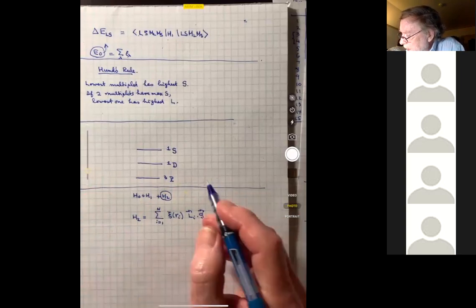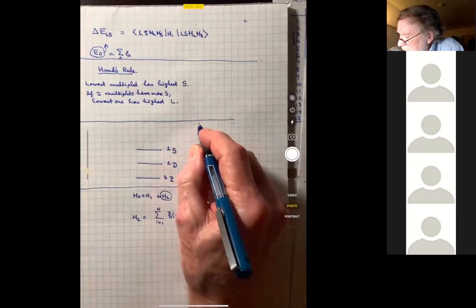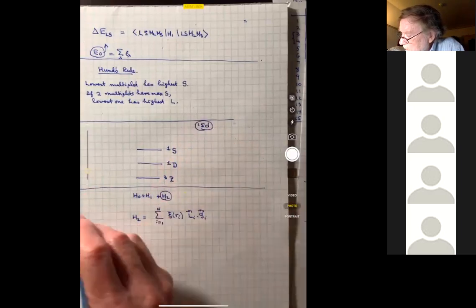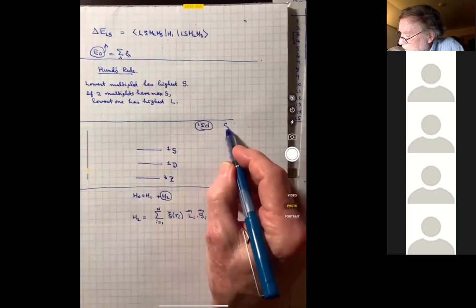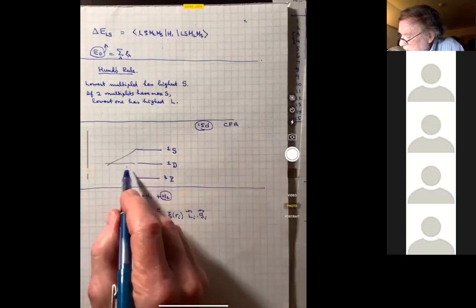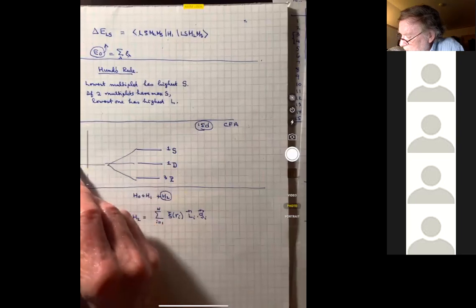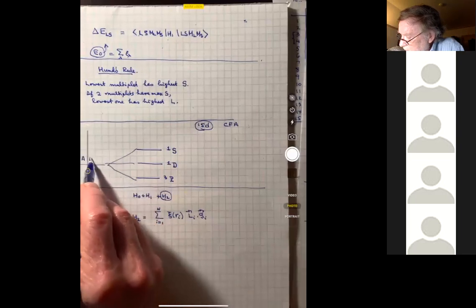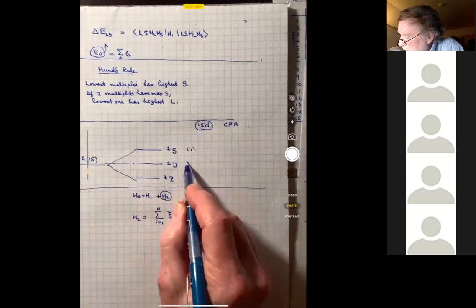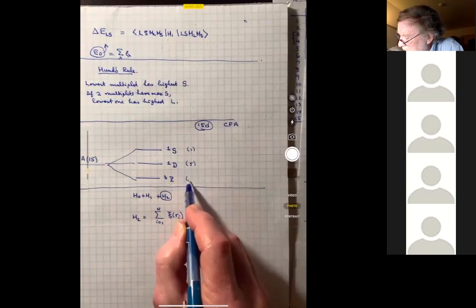By the way, in the case of carbon, what we see is that the 15-dimensional ground eigenspace of the central field approximation is split. We can think of it as splitting from the central field approximation with 15 states here, into 1 state there, into 5 states there, and into 9 states there.